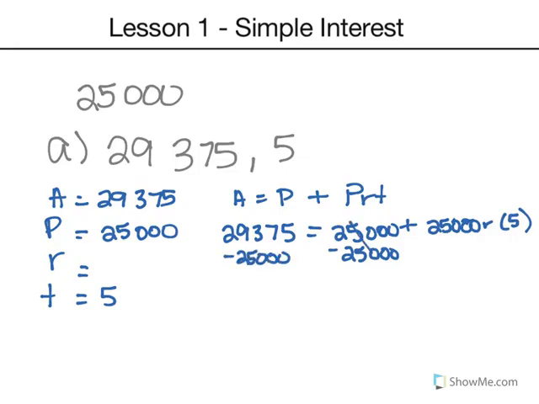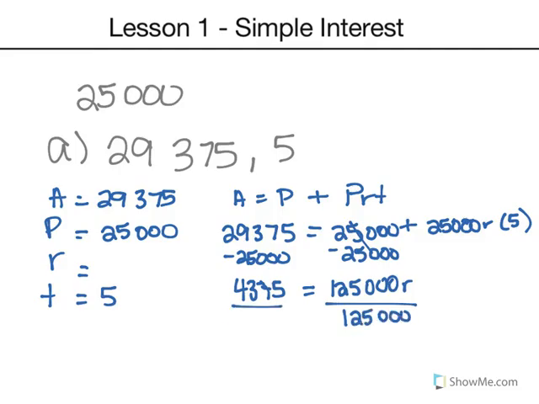This cancels, and we are left with 4,375 is equal to 25,000 times 5, which is 125,000 R. Divided by 125,000, we get 0.035 is R, which is a 3.5% interest rate.